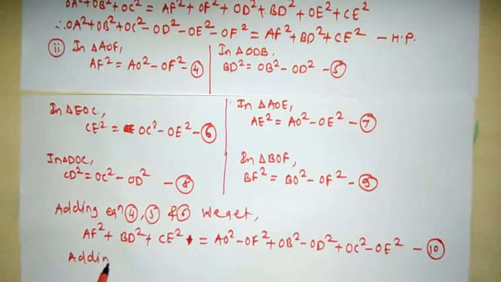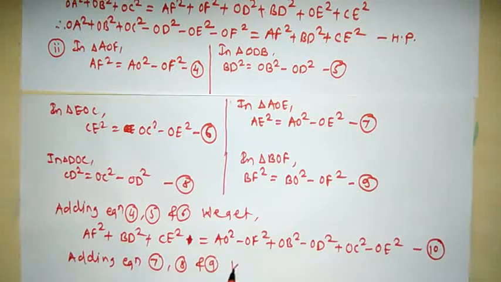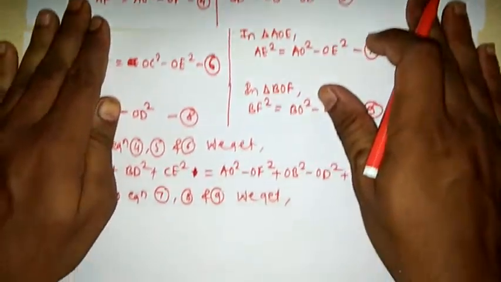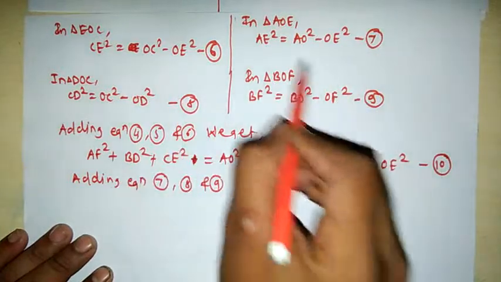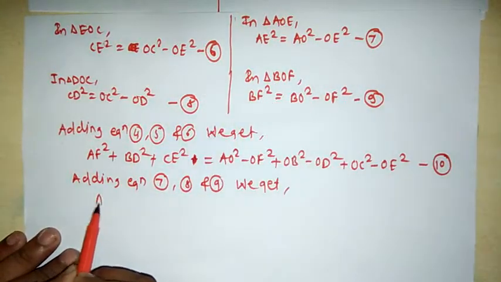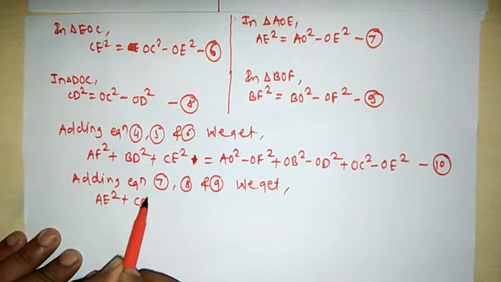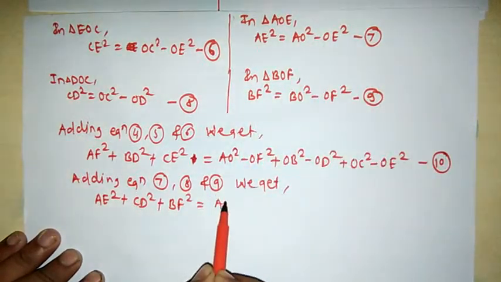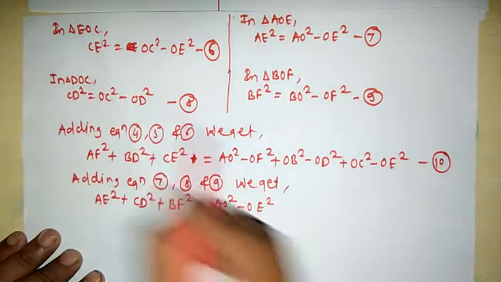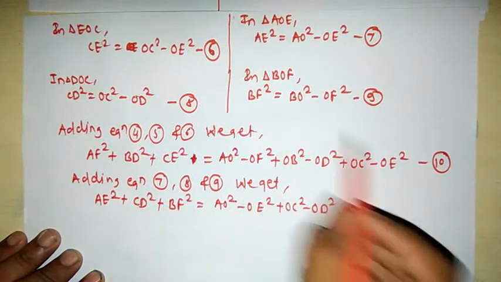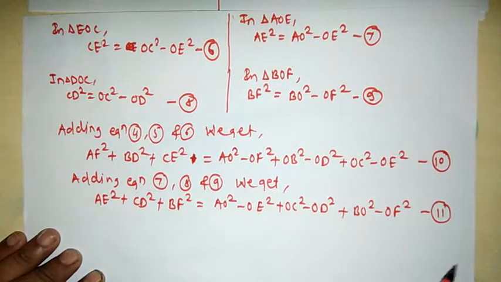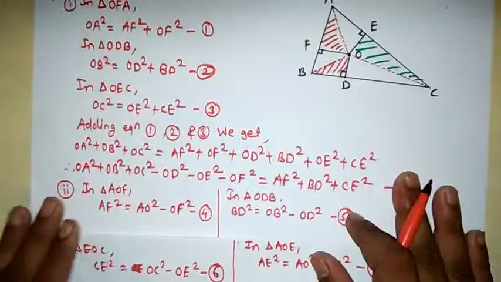Adding equations 7, 8 and 9, first we add LHS: AE square plus CD square plus BF square is equal to, now we add RHS: AO square minus OE square plus OC square minus OD square plus BO square minus OF square. Mark it as equation number 11.